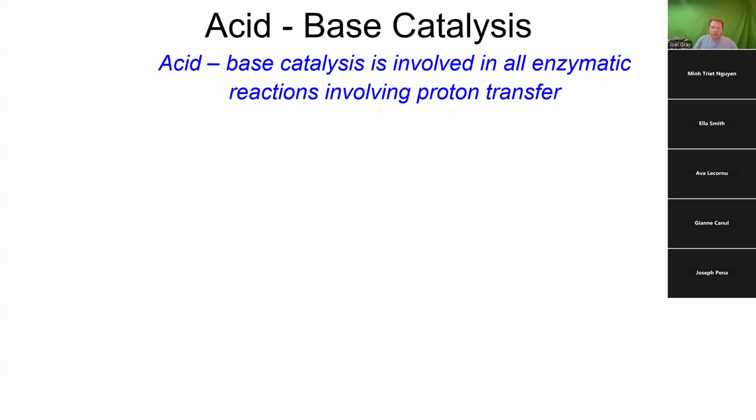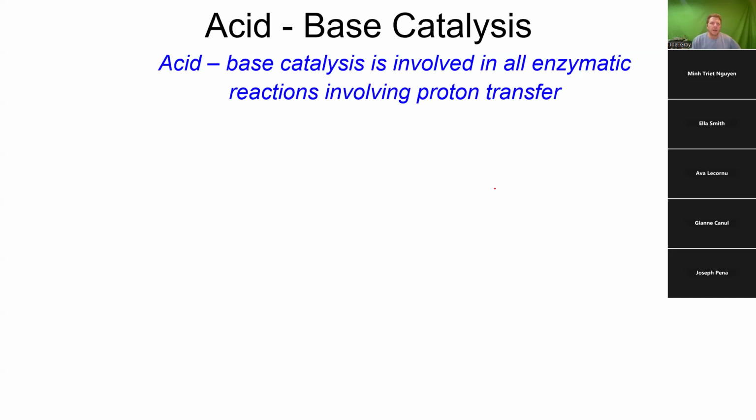Acid-base catalysis is involved in all enzyme reactions involving proton transfer. So if you see only a proton being moved, think about it as, okay, acid-base catalysis is involved there. Now, with that in mind, there are enzyme mechanisms that use multiple different types of catalysis.